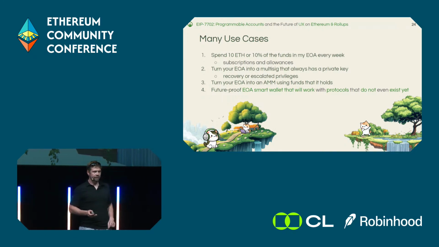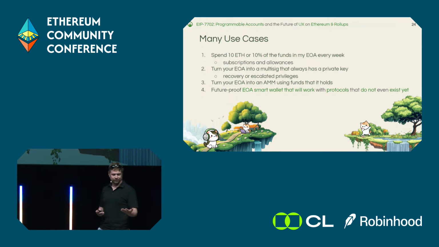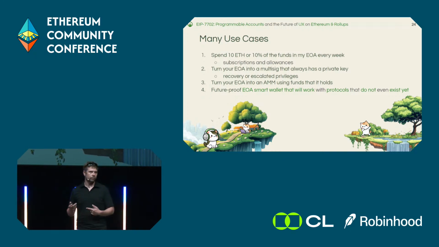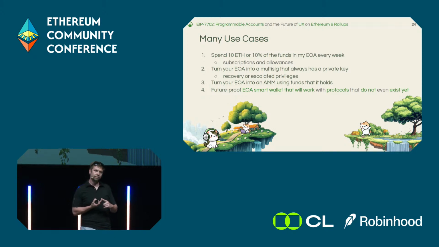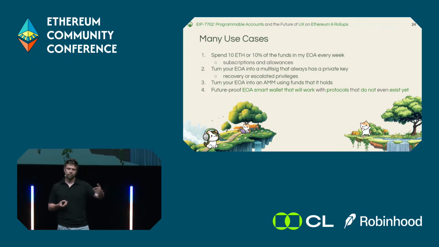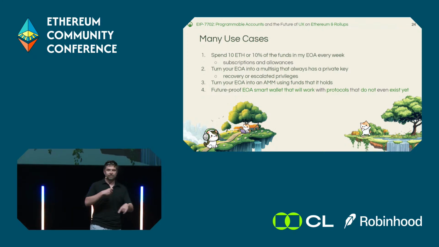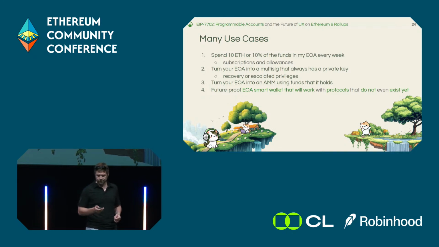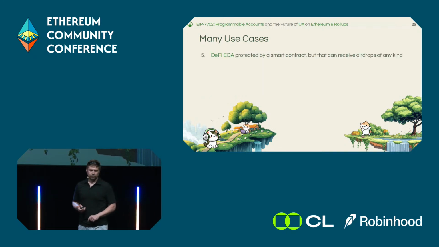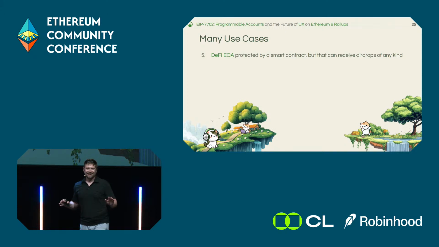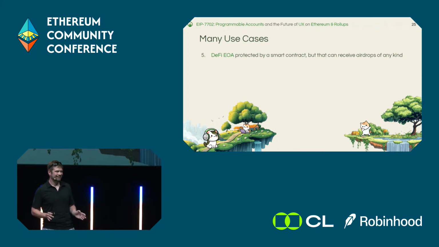So what you can do with EIP-7702, with the operational mindset, is you can always undelegate an implementation from your account, which happens through overriding with the zero address. And then you can delegate it to something else. So future-proof your EOAs.